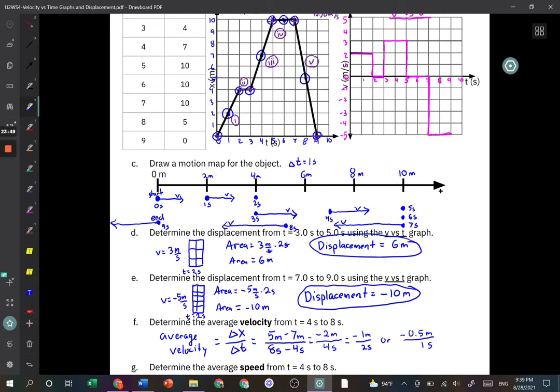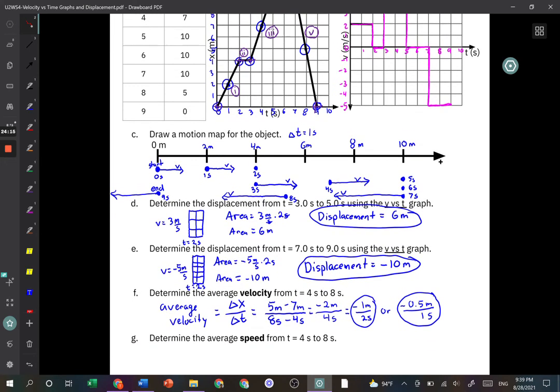The average velocity in that region is going to be either of these two answers. By convention, we typically write velocity and speed with the second representation, where it's that change in position or change in distance over every 1 second of a period of time.